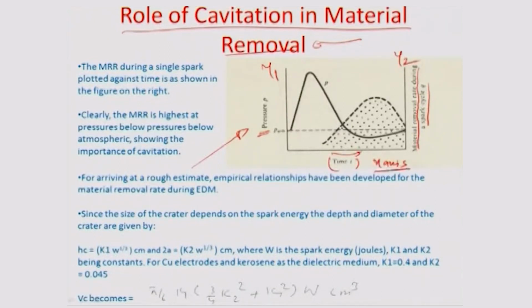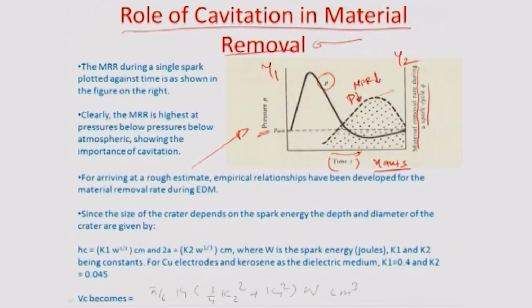Okay. And a very interesting thing comes into picture. If we look at the way that the pressure is varying on the top of the material and the way that MRR is varying, you can really see that the MRR is highest when the pressure that the medium would generate onto the surface in question is the lowest.